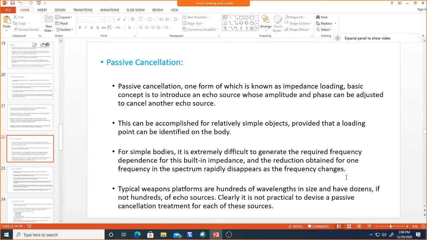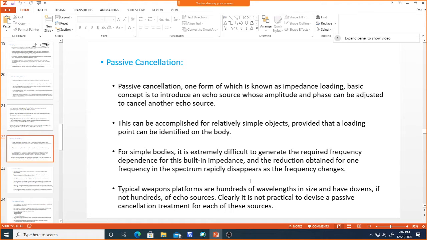Whenever you operate over a wide frequency range with simple bodies, because of the impedance variation, the body has its impedance set for one frequency while it changes across the wide band you are operating in, so it will be difficult to get the required cancellation of reflections from the target.